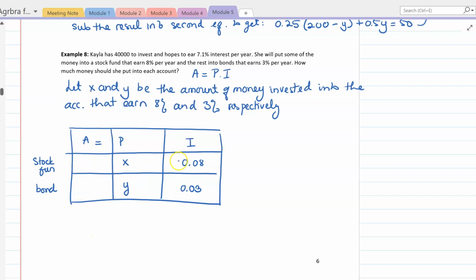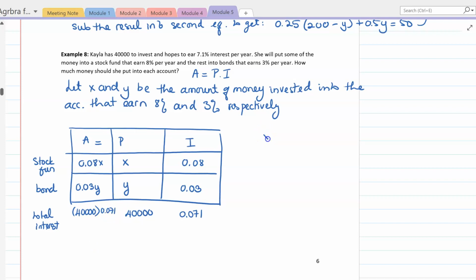Okay, so the amount of interest earned here is 0.08x, 0.03y, and the result is she hopes to earn 7.1% interest per year. So the total interest has to be 40,000 times 0.071.